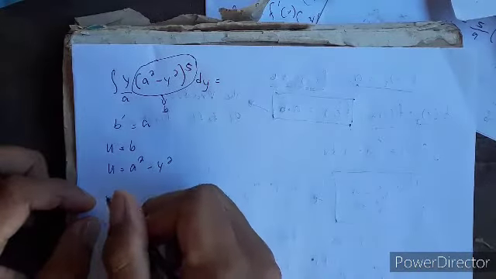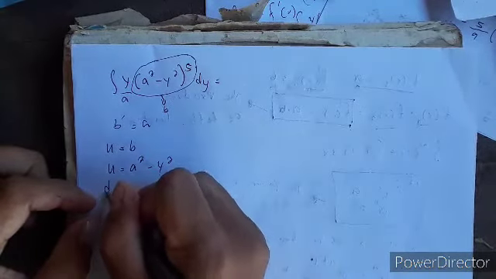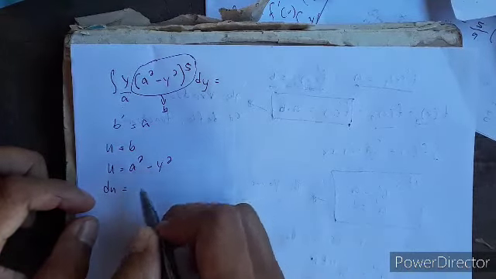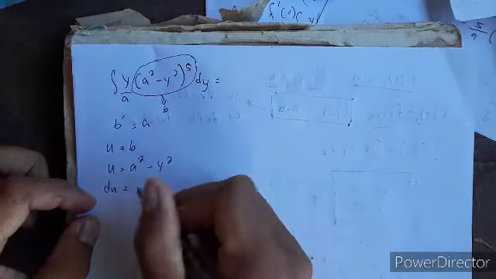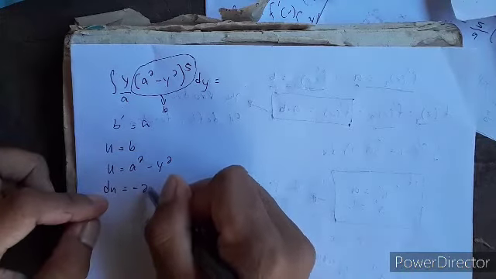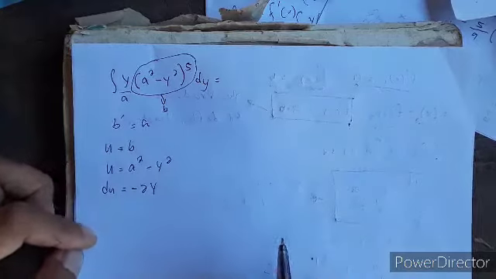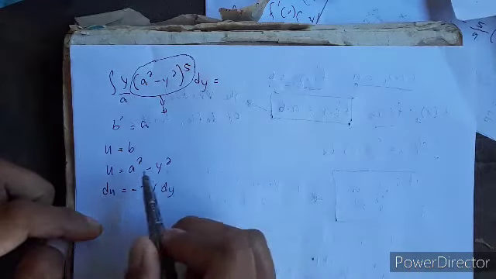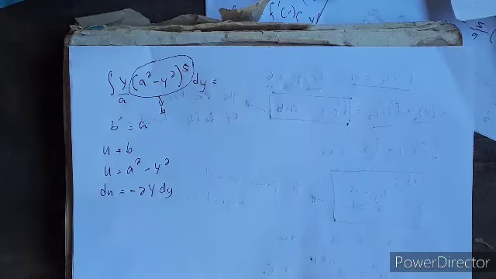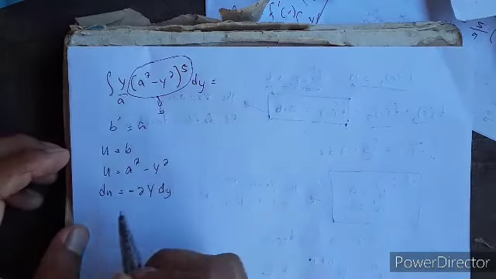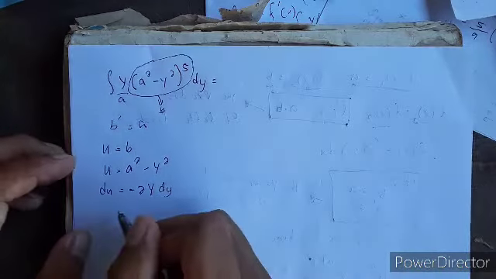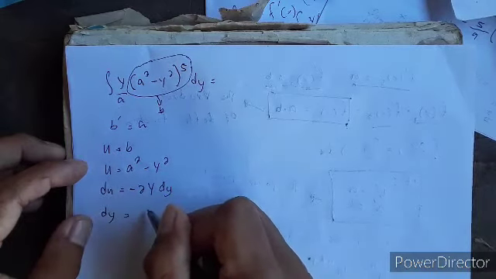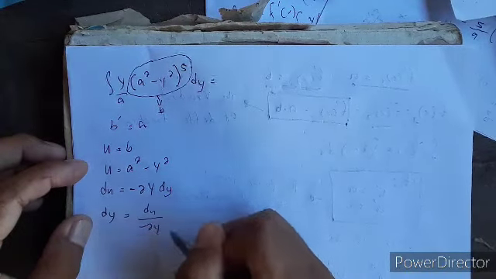And we find the derivative of our u. So we have here du. And a squared is a constant, so the derivative of minus y squared is simply negative 2y dy. As you can see, the derivative of u is equal to the first function, and we can easily cancel that out. So by finding the dy value, dy is equal to du over negative 2y.